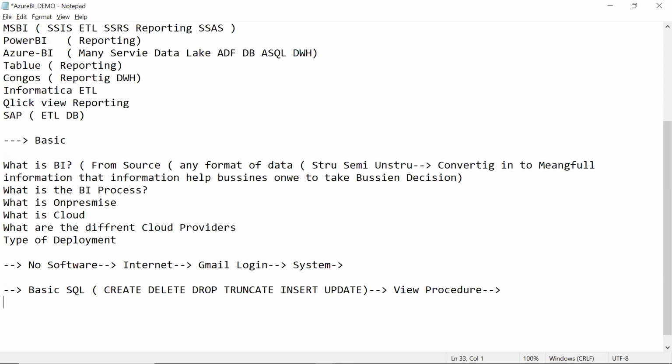Okay, next. Who can go for this course? Any person who has a degree background can start with this course. They may already be working in BPO, they may be working in reporting, or they may be working on any ETL tool, such as SSIS, Informatica, or any other ETL tool.